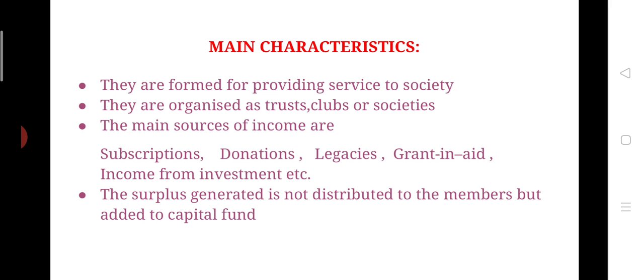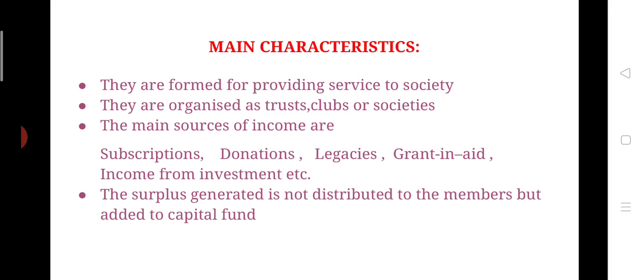Now let us see some of the main characteristics or main features of this organization. Number 1, it is set up for providing service to society. Number 2, it is organized as a trust, club or societies. We have already seen that. Number 3, the main sources of income. Of course, they don't engage in any manufacturing activity, any trading activity, but they need money.